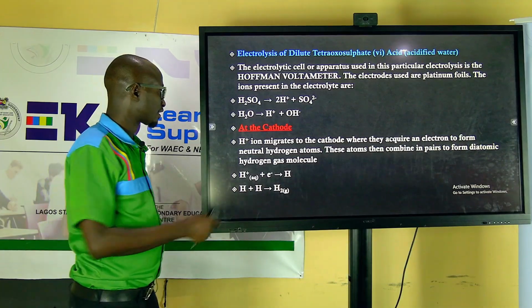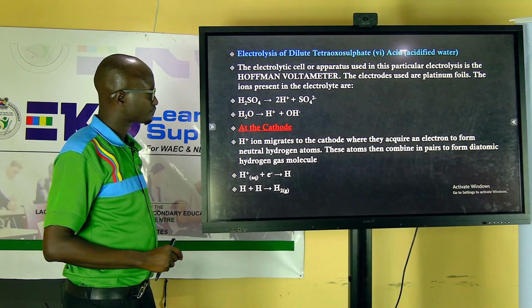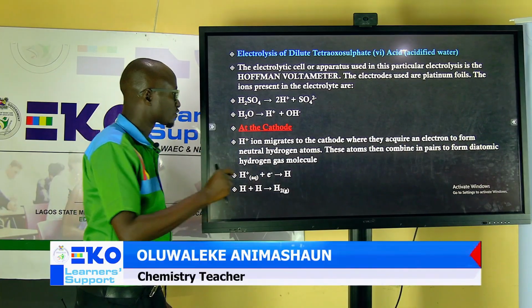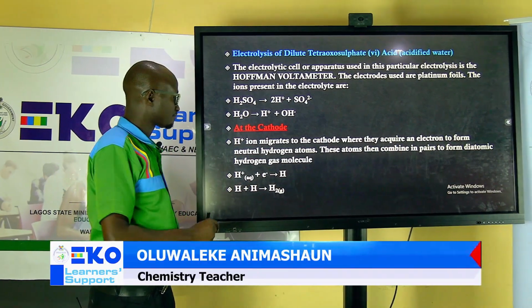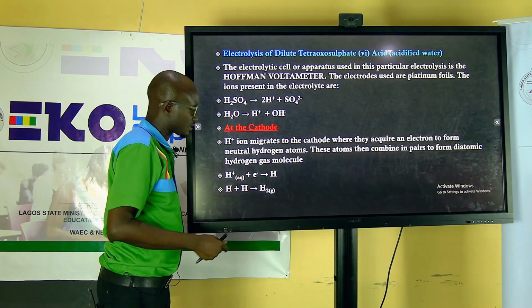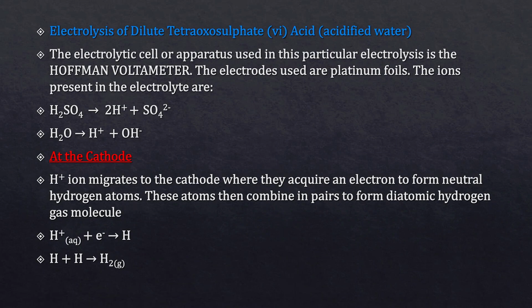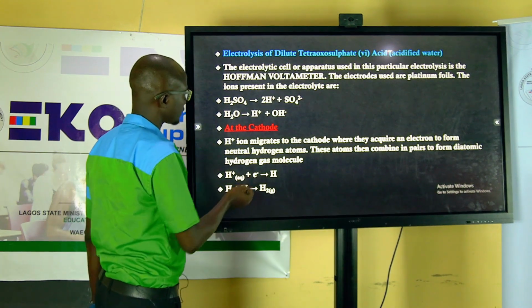I said before that the cathode is the negative electrode. The positive ions run to the what? Cathode during the electrolysis. Now, I've said another thing again, that reduction occurs at the cathode. As you can see, there is gain of electrons to form hydrogen what? Molecules. So hydrogen molecules is formed at the cathode.